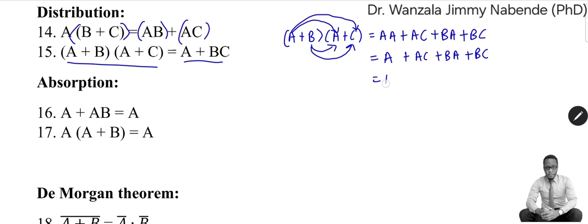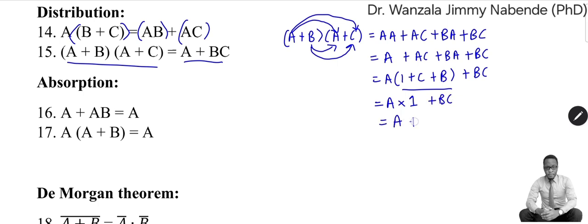Let's bring out the A, the common term, outside. It will be 1 plus C plus B plus BC. But remember, we said anything added to a 1 will remain a 1. So it will be A times 1 plus BC. And that is A plus BC as our output.